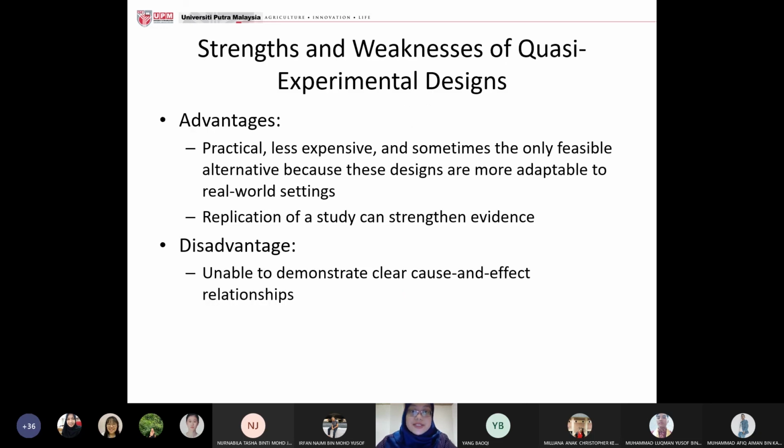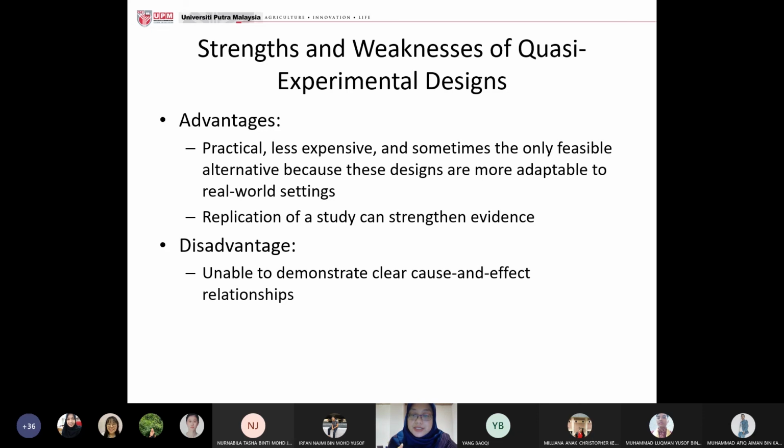So strengths and weaknesses of quasi-experimental designs. Okay, the advantage, it's practical, it's less expensive. Because you remember, there's one thing missing. So maybe you don't have the control group, for example. So the amount of resources that you need is less compared to experimental design. But actually, you can improve the strength of the study by having replication.